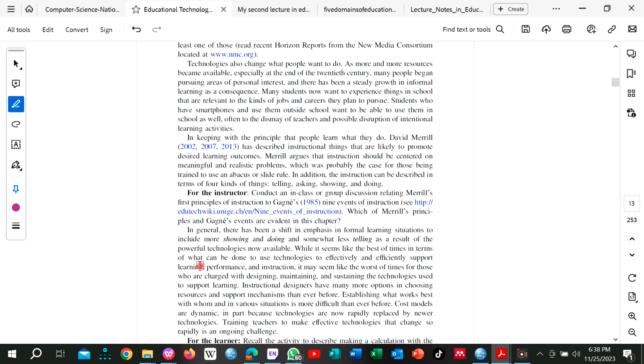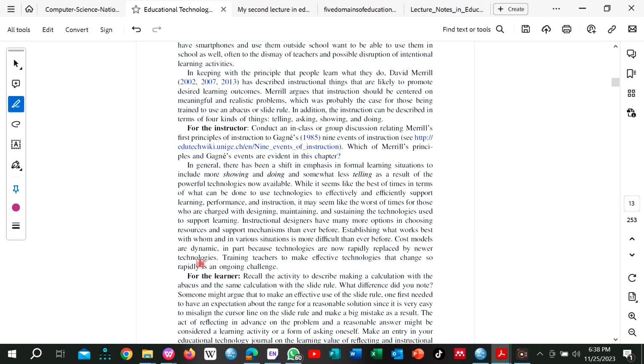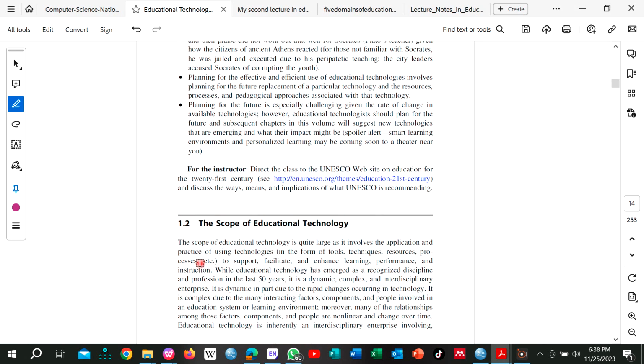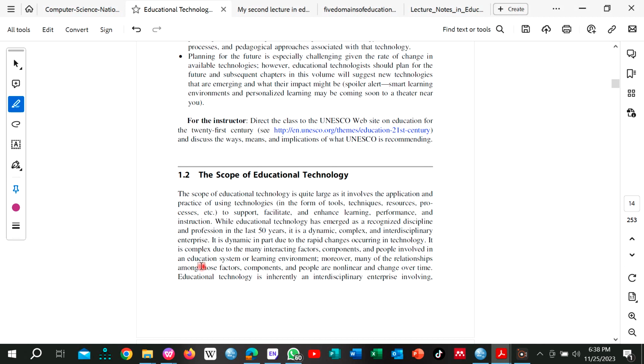When I talk of perspective, we're looking at the various dimensions from which educational technology can be handled. It's like, for example, I can liken it to structure. One can say that looking at Bloom's taxonomy, Bloom has classified it into the cognitive, the affective, and the psychomotor.